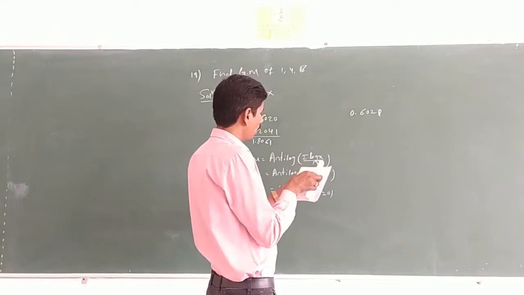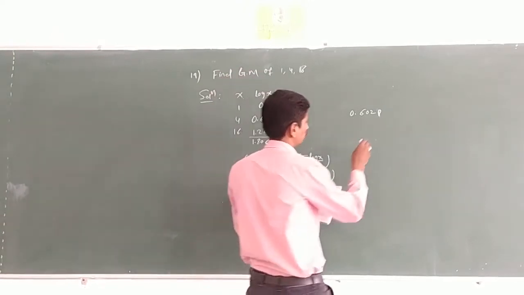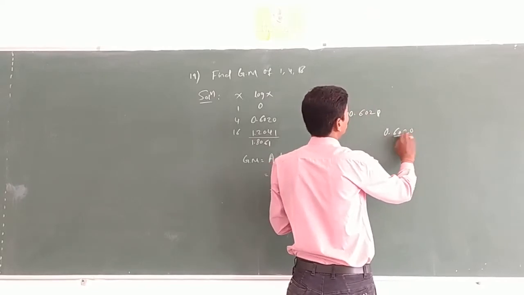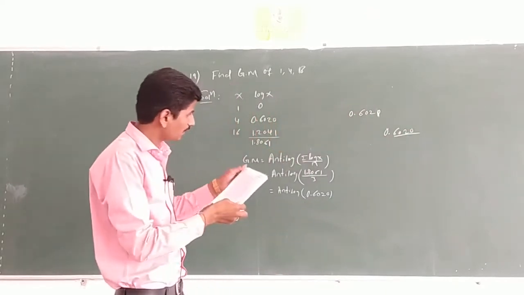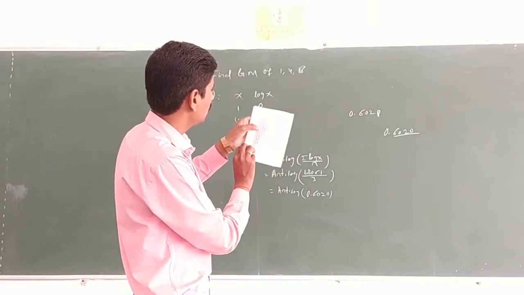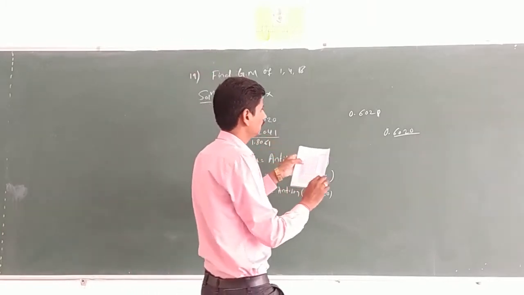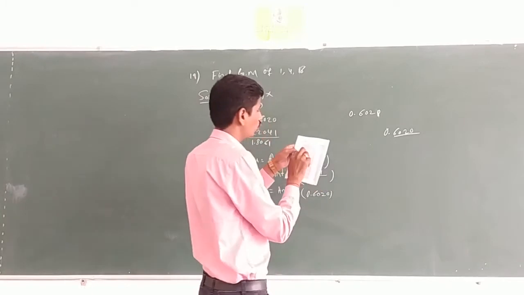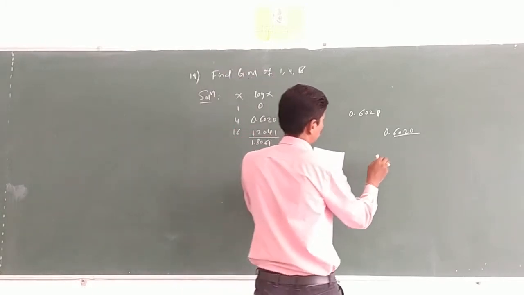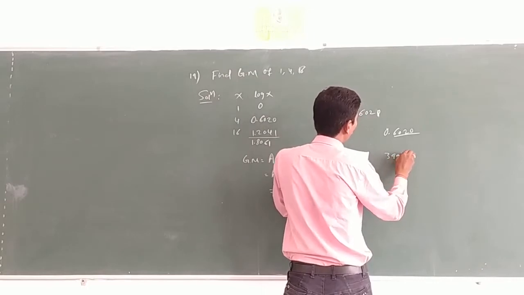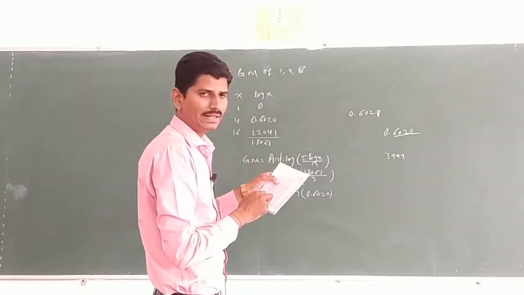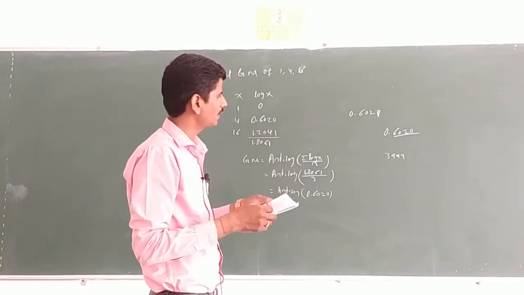Our result is 0.6020. You have to search 0.60, which is 3981. 0.60, and 2 is 3999. The mean difference is 0.